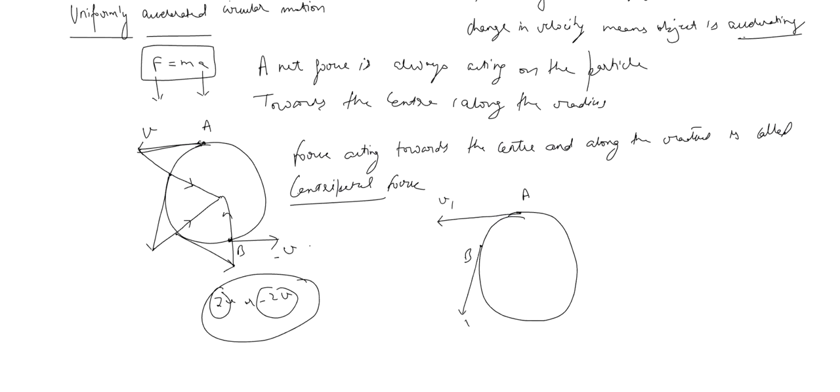Now, if I draw the vector triangle, this will be the resultant, means change, that is delta V. So it will be V2 minus V1, that is change. This change will act toward the center always. If I consider this point B and this point as C, again when you draw this, you will get it along the center. Always when you find the change, it will be acting toward the center only. That change in vector.